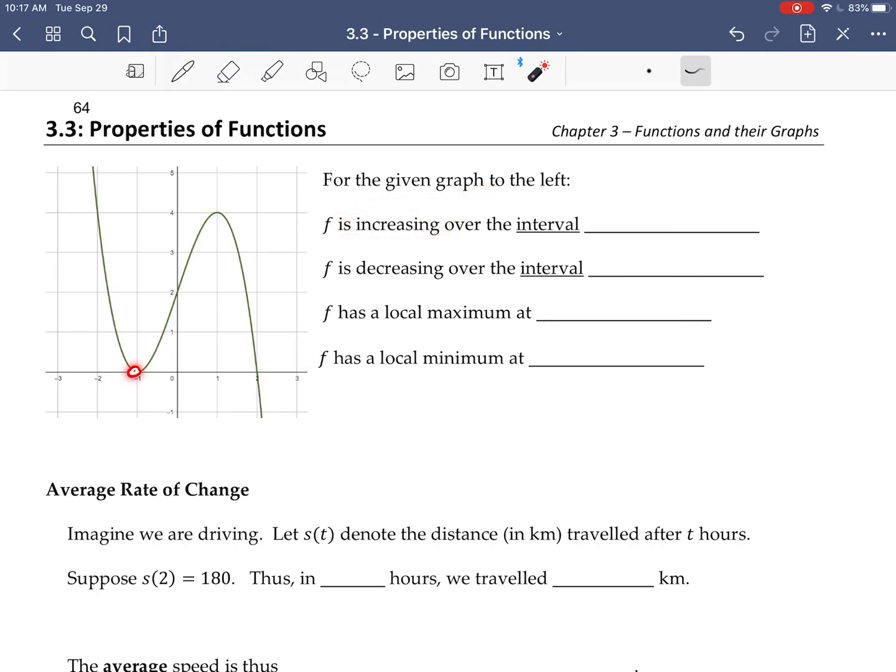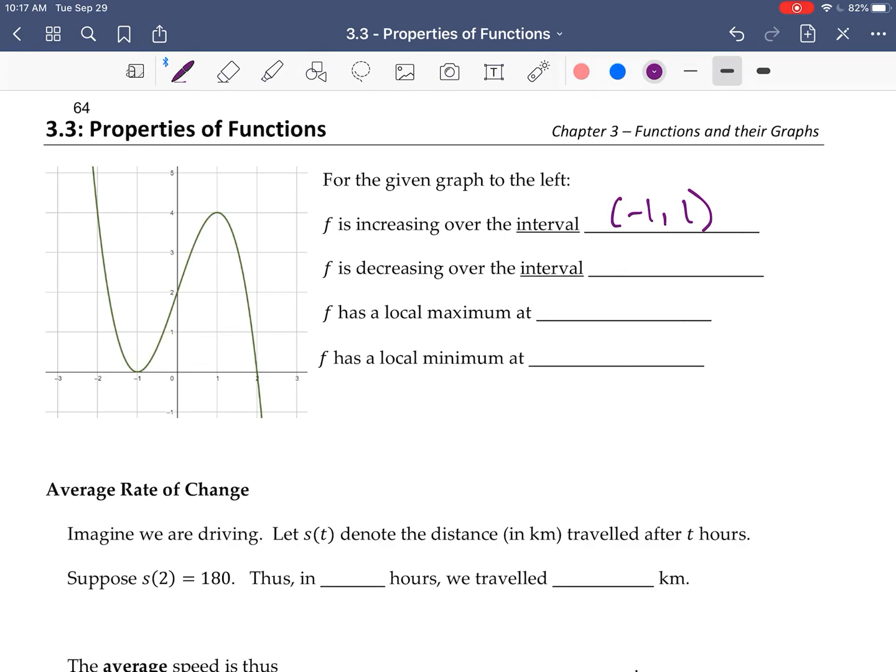So it looks like from -1 all the way up until 1 the function goes up as we go to the right. On the other parts it's going down. So it's increasing on the interval from -1 to 1, and decreasing everywhere else.